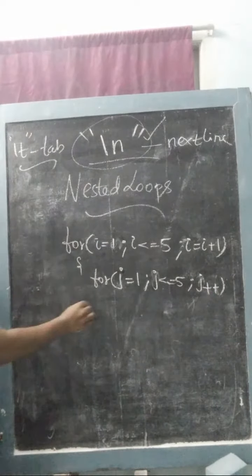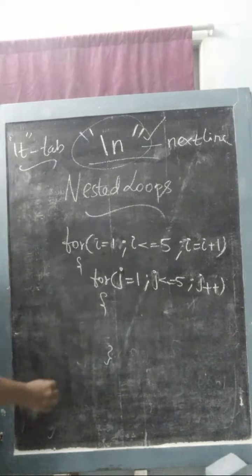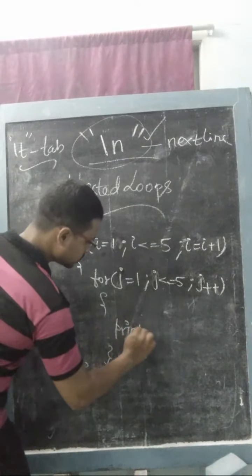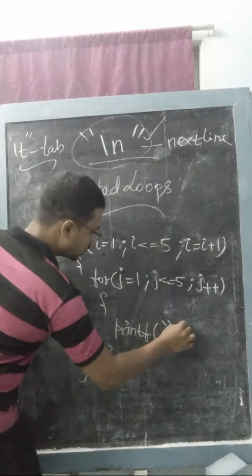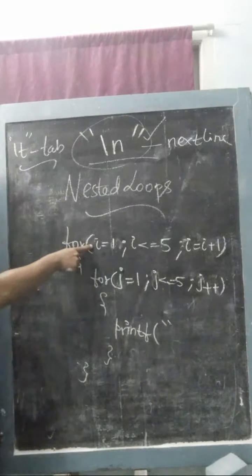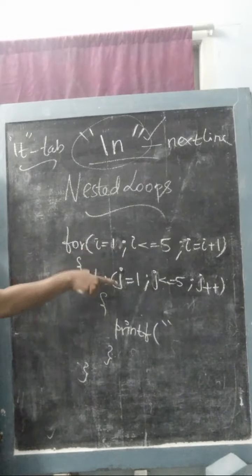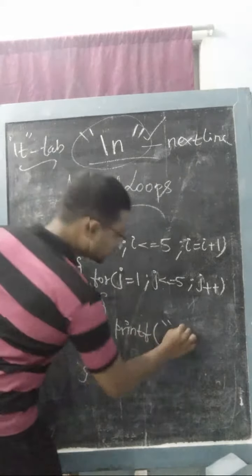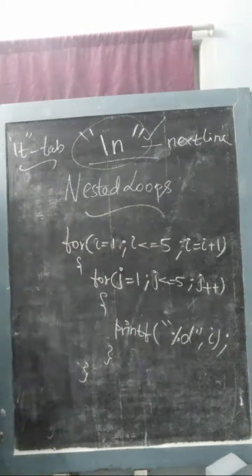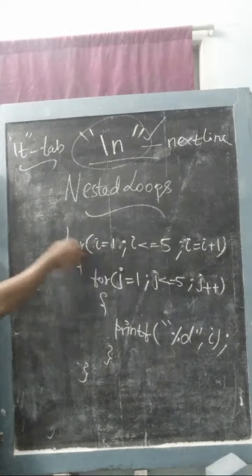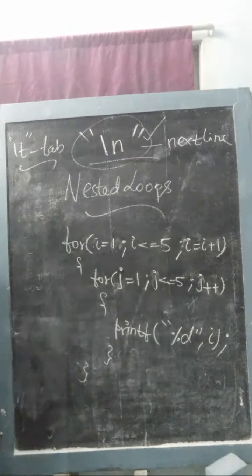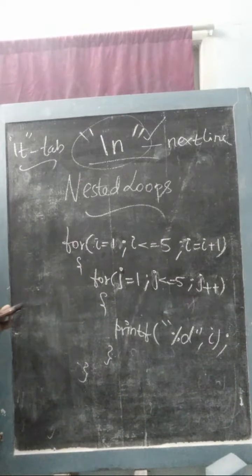And then I'm opening the body and closing the body. Here I'm writing printf. I want to print the value of one of these two integers, that may be i or j. I'm printing an integer value, that is %d of i. Just imagine i and j are both integer values. So what is the output of the following program? Can anyone guess?